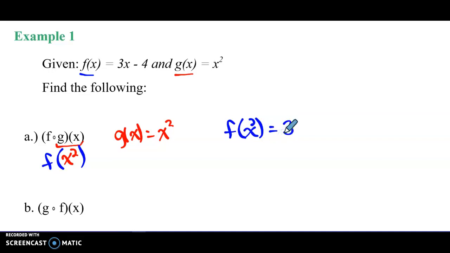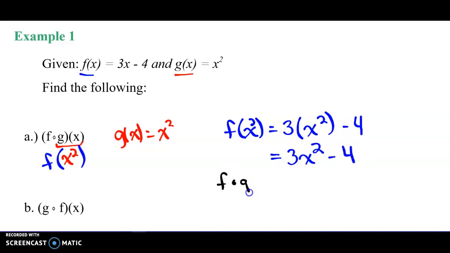So wherever I see an x, I'm going to replace it with x squared. Okay. And so if I'm solving for this function, I multiply 3 times x squared, which is 3x squared, and just bring down the minus 4. So f of g of x is equal to 3x squared minus 4.